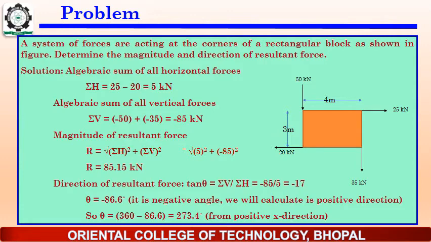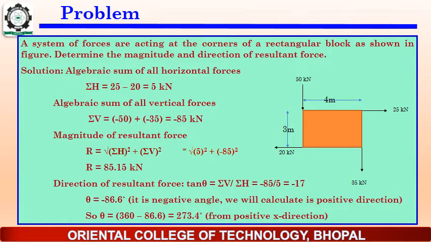In proper manner, we have to calculate this angle with positive x direction, and measurement of angle must be in anti-clockwise direction. So if we want the value of theta in proper manner, we have to calculate this angle from positive x direction.